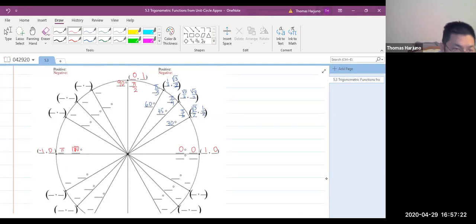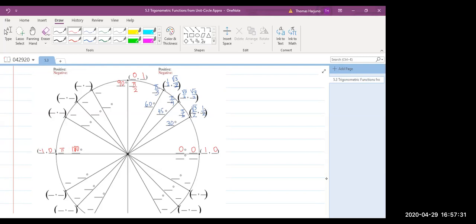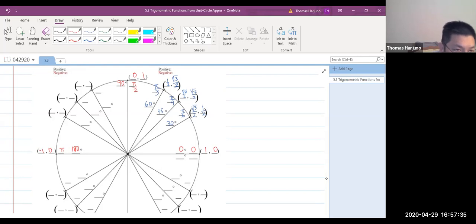Cosine pi is the x component of the coordinate corresponding to that angle. So cosine pi is -1, that's right. And sine pi will be 0. Now let me do the last one here.